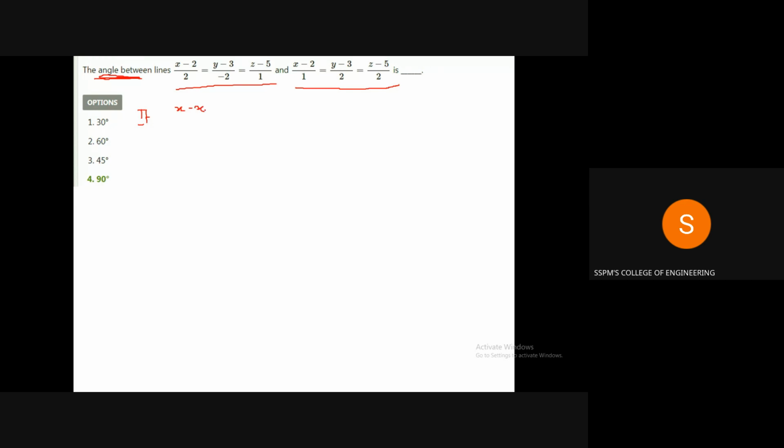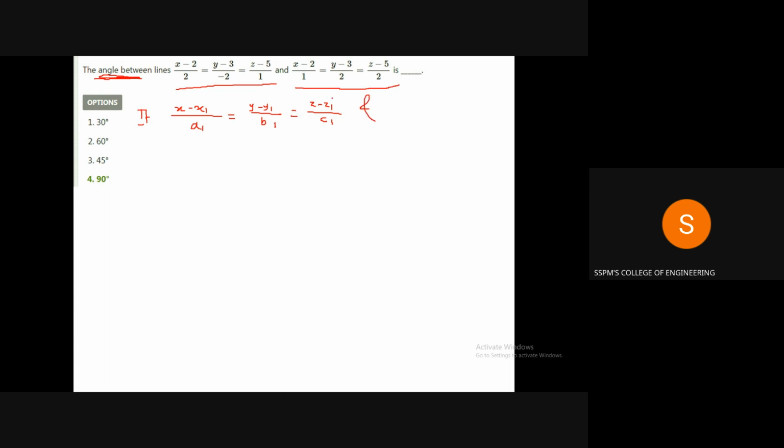(x - x1)/a1 = (y - y1)/b1 = (z - z1)/c1, okay?